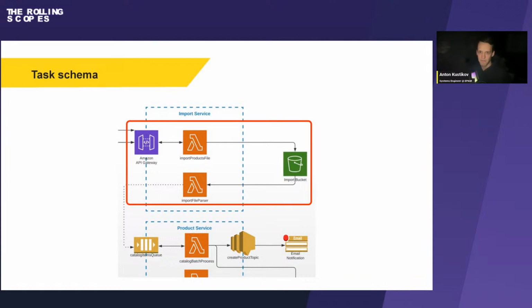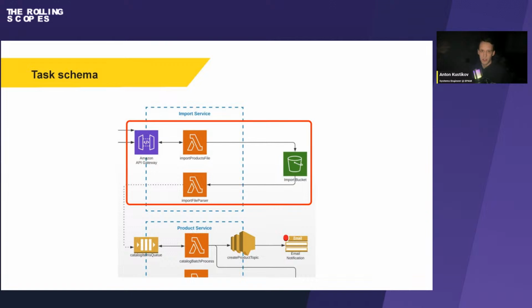As you can see, now we will talk about the import service of our application. With the import service, we want to have an entry point in our application which will make it possible to upload the products in bulk, so not to add them one by one with the create product function.